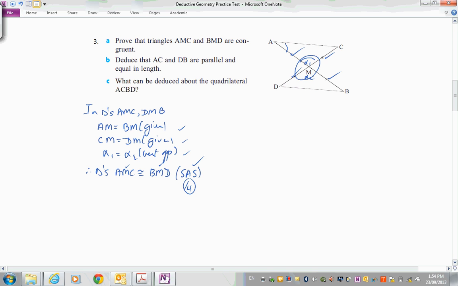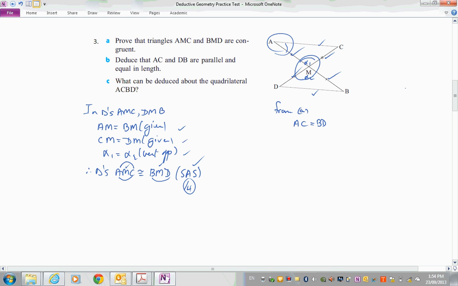Deduce that AC and DB are parallel and equal in length. So from part A, what can we say? AC equals BD. And also, what else can we say? Well, let's have a look at angle CAM.